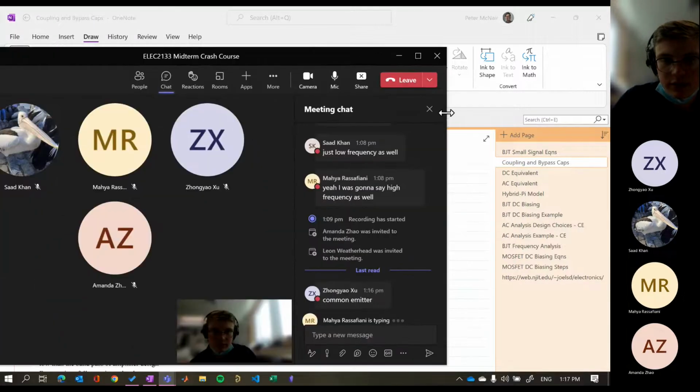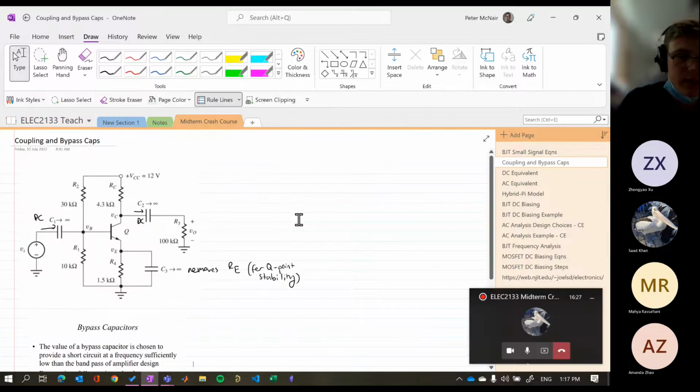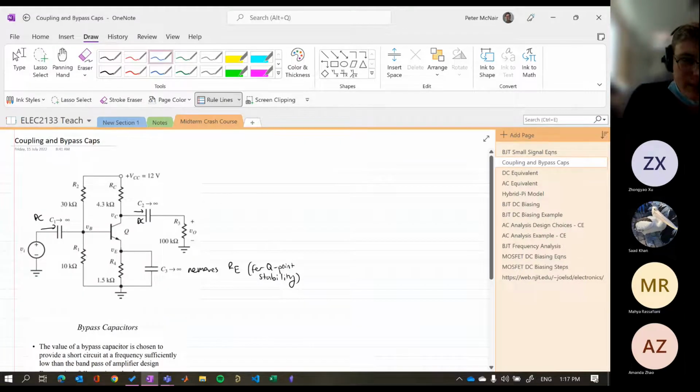Common emitter. Thank you so much, Maya. Yeah, so we have our emitter connected to ground, and our signal is on the collector. So this is a common emitter circuit.